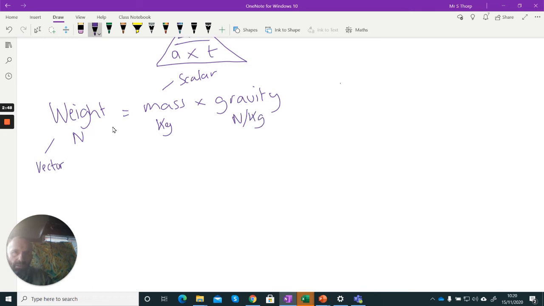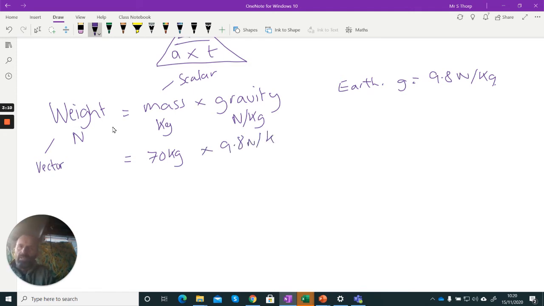So on Earth, G is equal to 9.8 newtons per kilogram. So whatever mass is on Earth, we need to times it by 9.8. So my mass is about 70 kilograms, times by 9.8 newtons per kilogram.